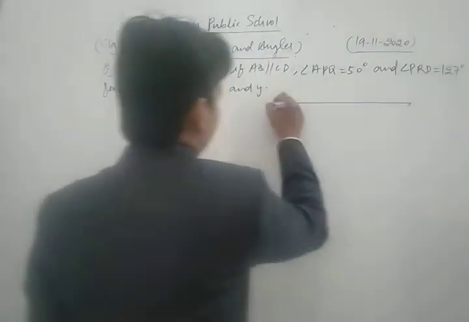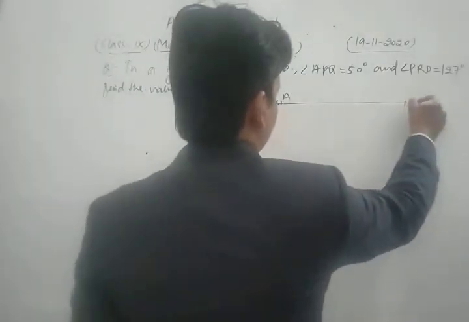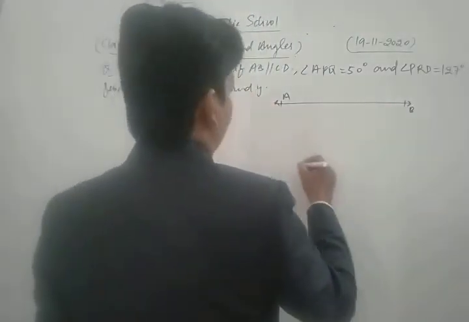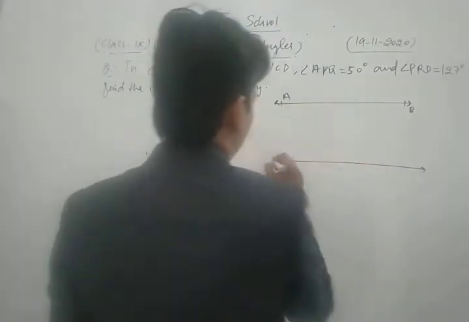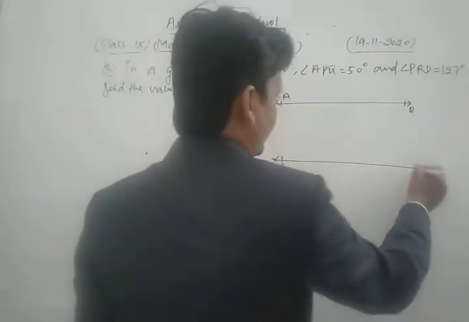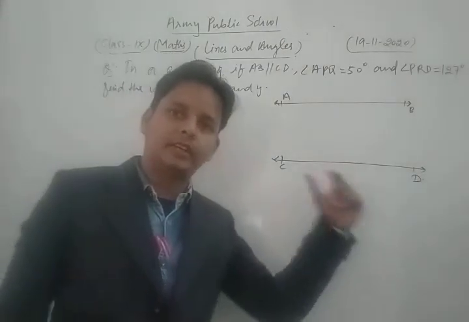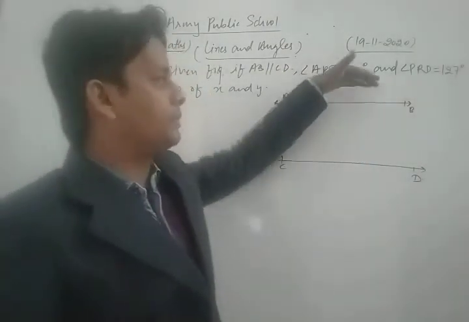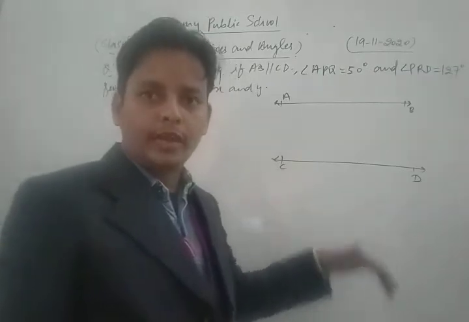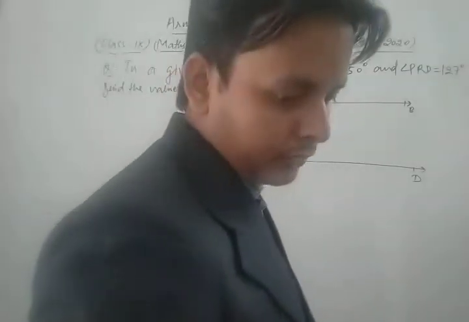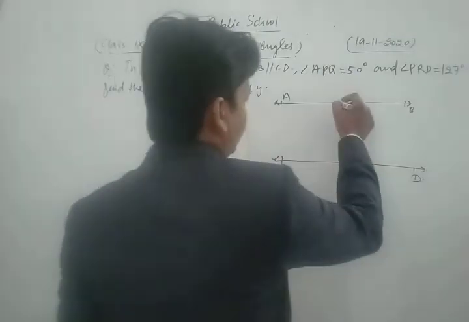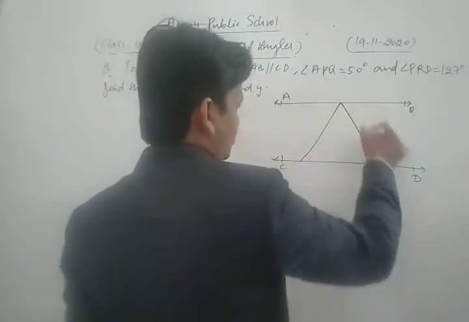And your figure is what? Let's see here. Two lines, AB parallel to CD, and PQR, and in that way a triangle is formed.